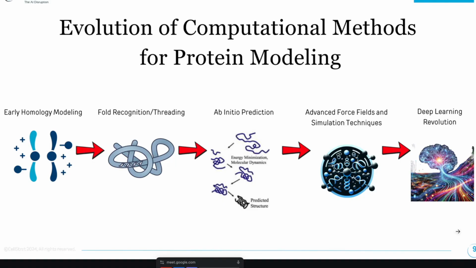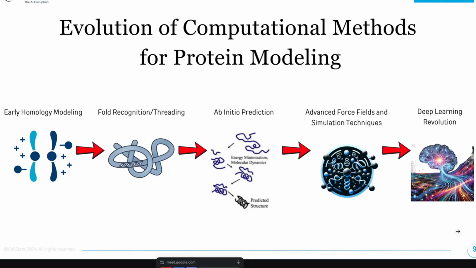Next, we have the deep learning revolution. This is where tools like ESMFold and AlphaFold can be taken as an example, which leverage neural networks and AI models to learn complex patterns in protein structures. So the method uses deep learning frameworks like AlphaFold and RoseTTAFold. RoseTTAFold is another transformer model architecture, which is able to perform rapid predictions.